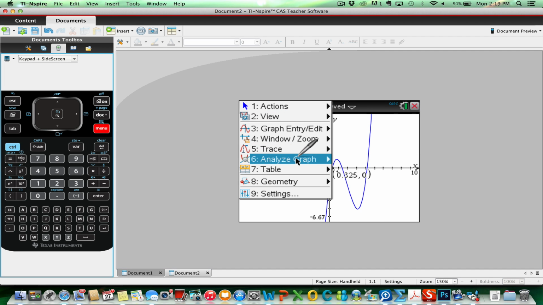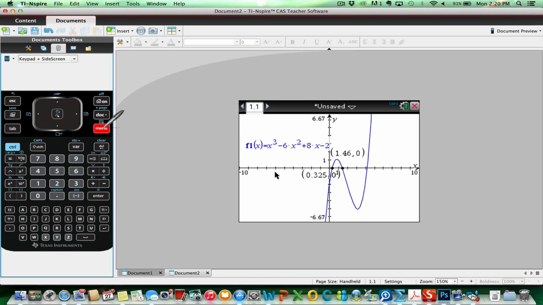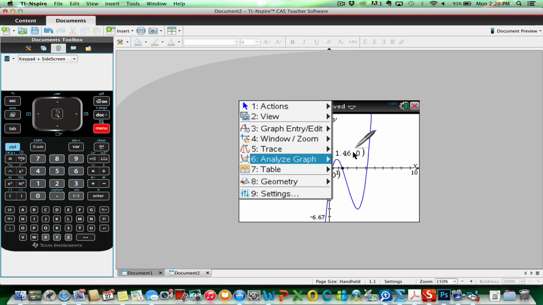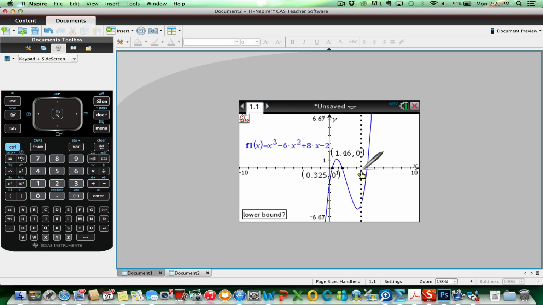So Menu, 6, 0, left bound, right bound. We've got another one. So let's move these out of the way so we can see them all. Okay, and then we're going to move this one up here. That way it doesn't get in the way of the one that we're trying to find. So last one is we're going to hit Menu, 6 and 1. And we're going to do left bound, right bound, and there you have it.